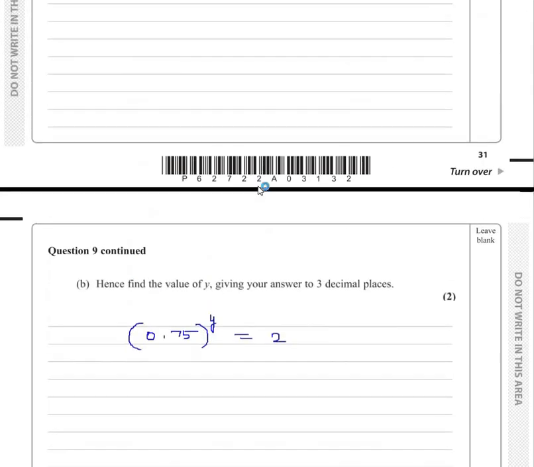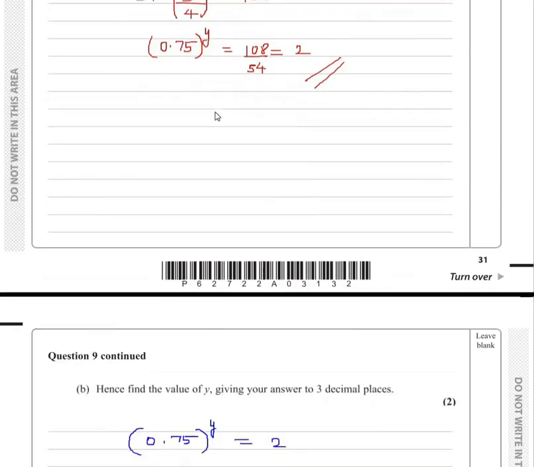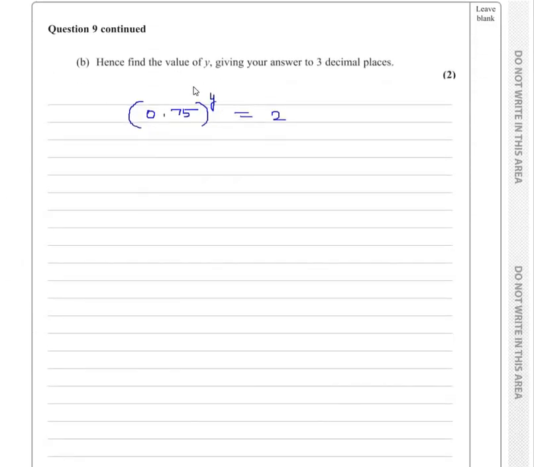This is what we had got in the previous part. So they want us to find the value of y. To find the value of y, we are going to take logarithms on both sides. So taking the logarithms on both sides, we get log of 0.75 to the power of y equals log of 2.